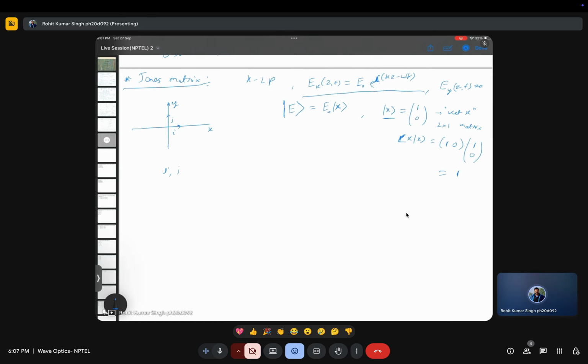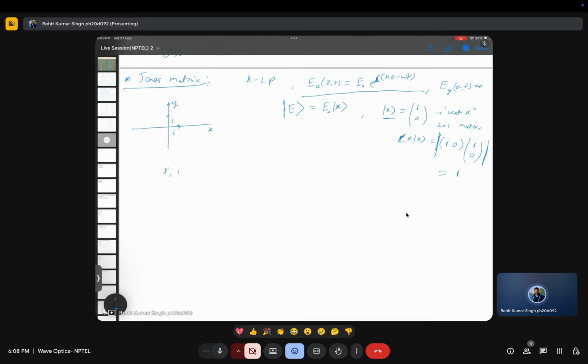So it is a unit vector in x direction, which represents this polarized wave in x direction. Sorry, you have to take determinant. I know it's a little confusing, but okay, just bear with me.